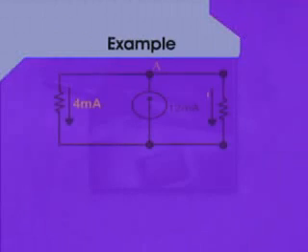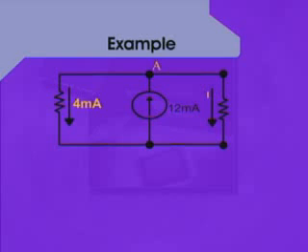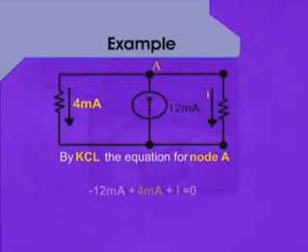The circuit shows a two-node network, so we will be bothered only with node A. Now, looking at node A, we can see that a 4 milliampere current is leaving node A. Also, the current I is leaving node A, whereas the 12 milliampere current is approaching the node.